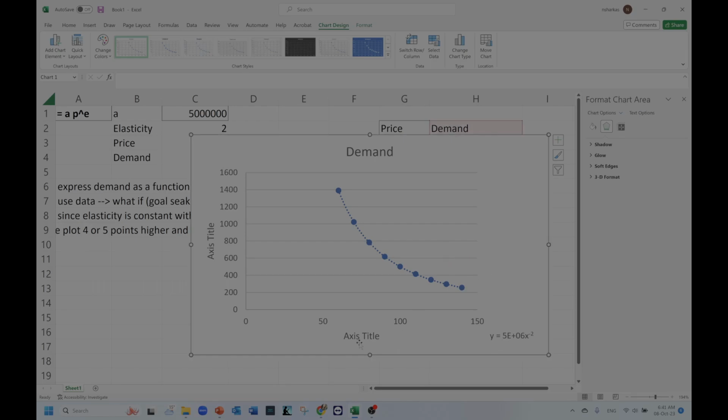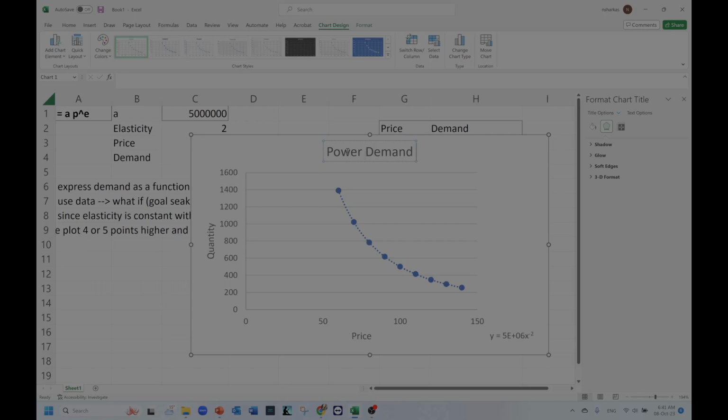Okay, so here, this is the demand, all right, and this is the power demand curve. I think it's self-explanatory. It's going to be price, and this is going to be the demand. It's not quantity here, and the demand is in fact the demand curve. And this is the power demand curve.